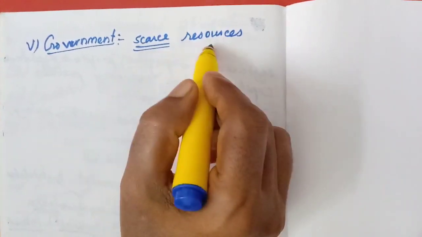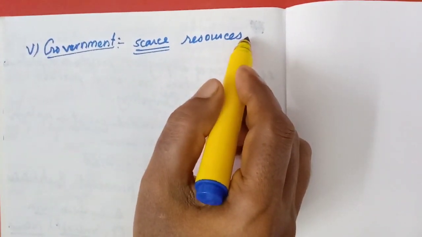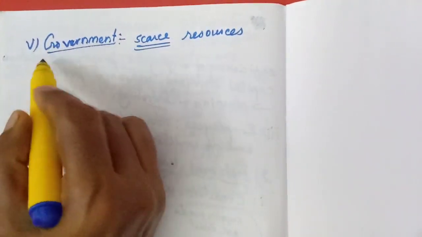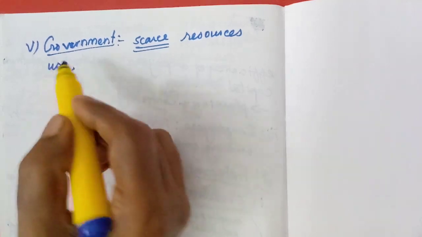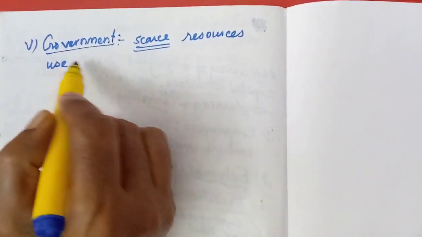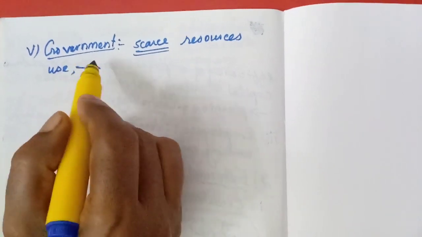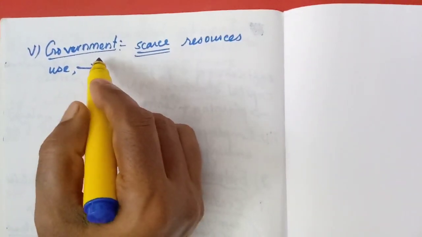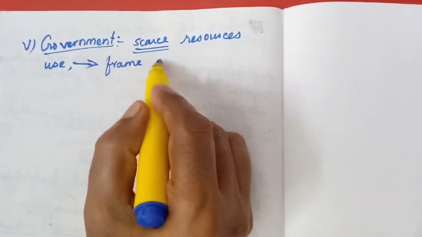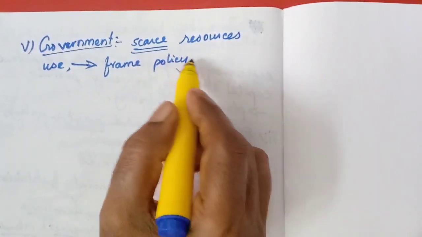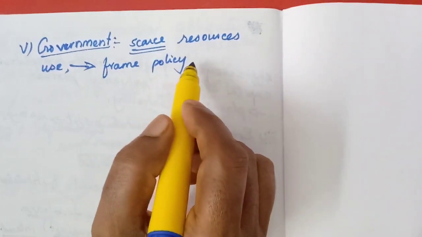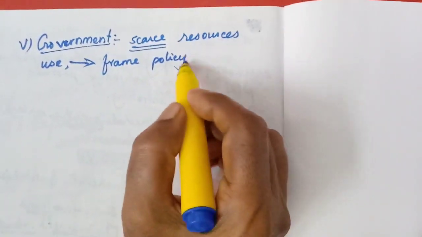Because all these resources are used by the business enterprise, how they use them in the industries, their performance, and how they use them in different industries, this only will help the government to frame policies. They should know how much is used by one particular organization. Understand? That should be known.